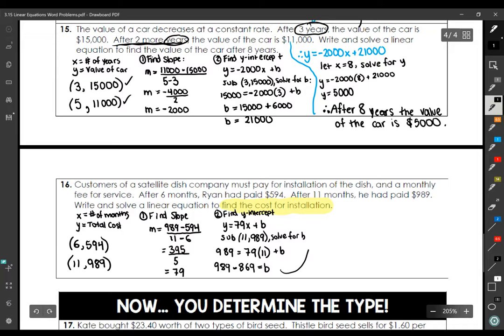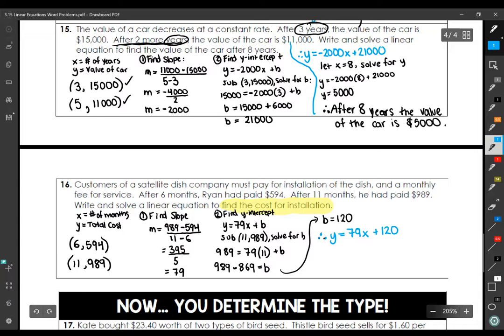And that's going to give us a b. So 989 minus 869 gives us an initial fee of 120. So therefore, my equation is y is equal to 79 times x plus 120.